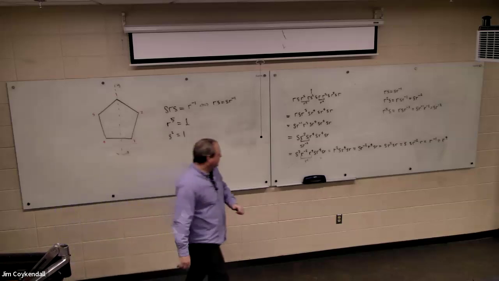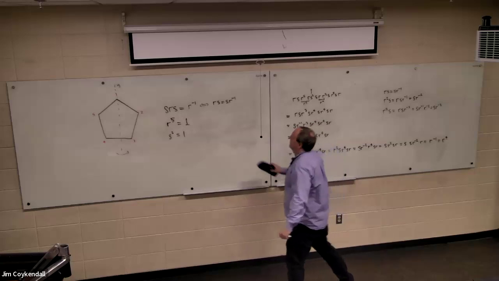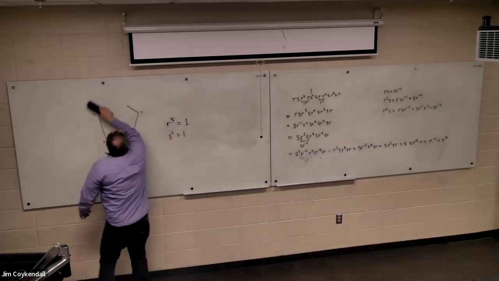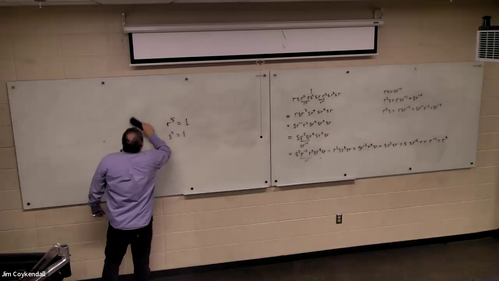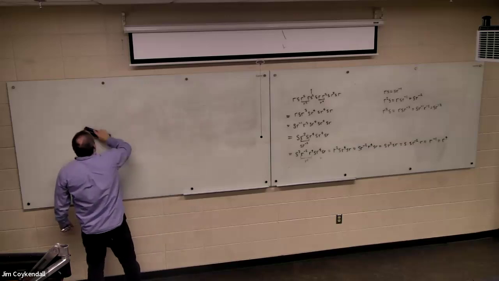In general, you have a dihedral group on any n-gon.